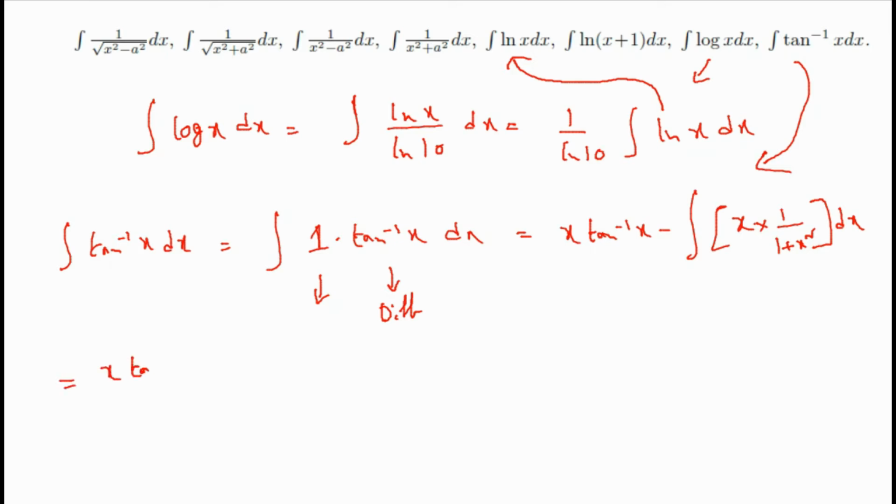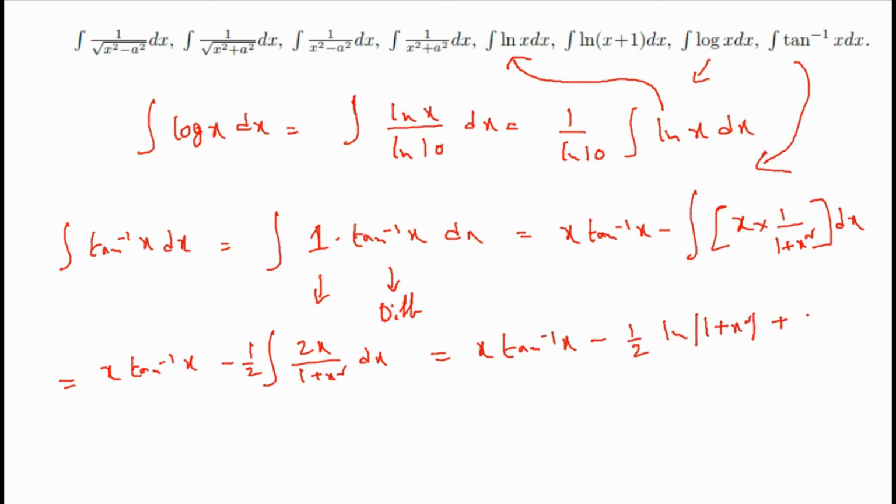Now x tan inverse x minus integration, so x by 1 plus x square, so I will just add 2x by 1 plus x square dx, and you can write x tan inverse x minus half ln mod 1 plus x square plus c. Now similarly you can integrate any kind of inverse function, so integration sin inverse x or cos inverse x, you will just proceed according to tan inverse x. So you can easily solve that one.